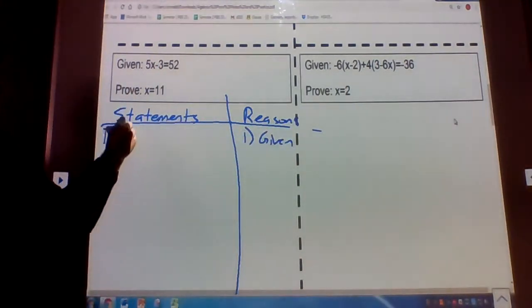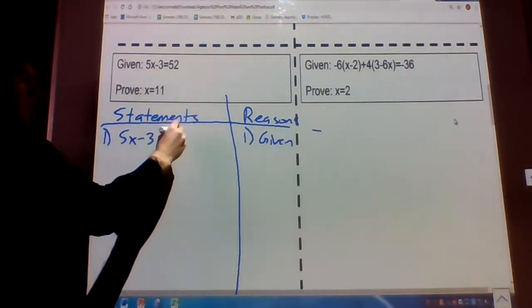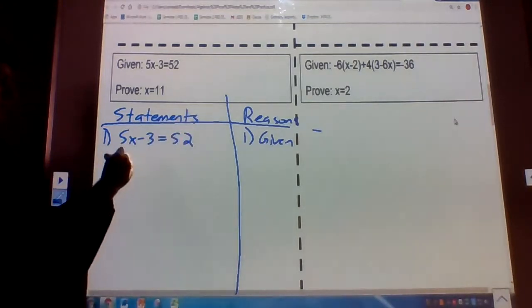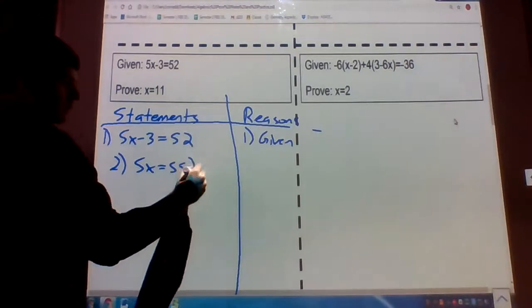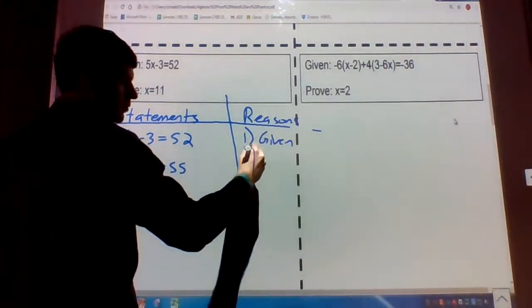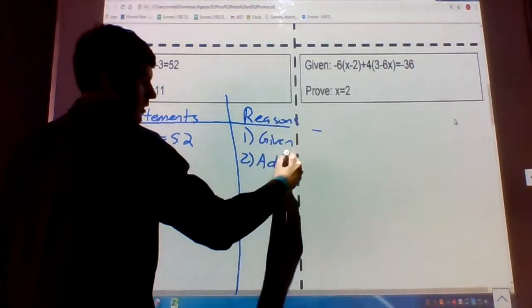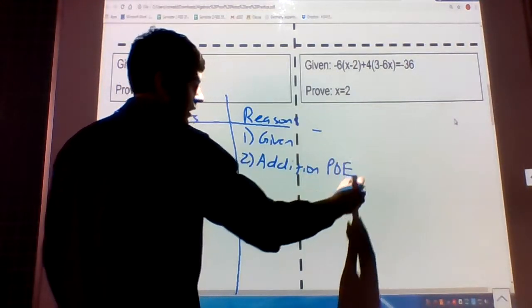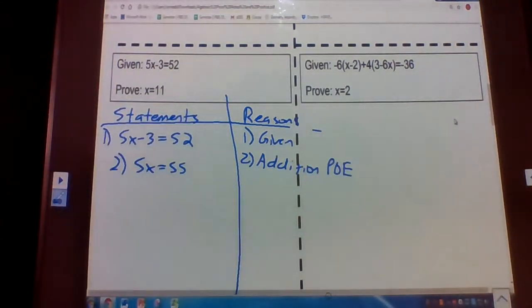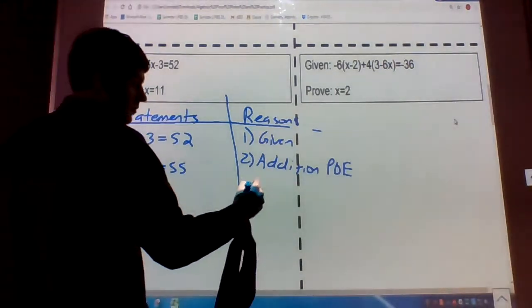Okay, so that's going to be 5x minus 3 equals 52. Okay, if we add 3 to both sides, we get 5x equals 55. So how did we get that? We use the addition property of equality. We add it to both sides. Okay, and then we can use the division property of equality.